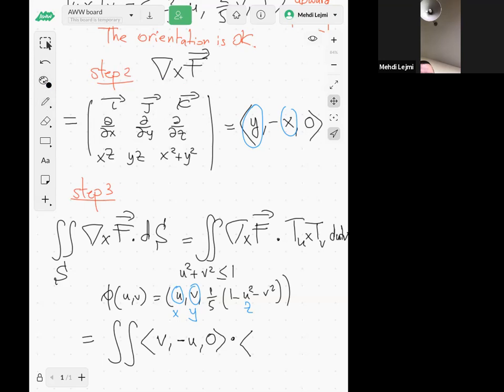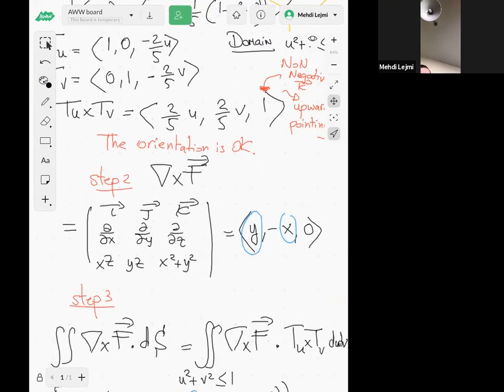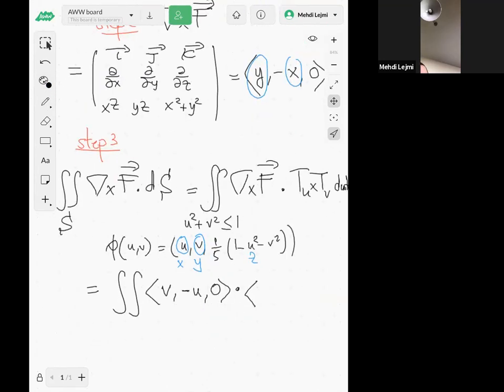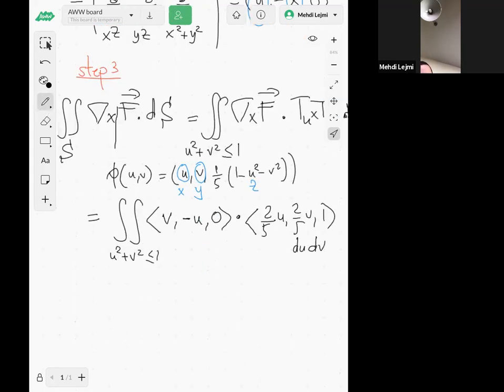Scalar product with the T_u cross T_v. What's my normal vector? My normal vector is 2/5 u, 2/5 v, 1, du dv, and don't forget, u squared plus v squared less or equal to 1. So that will be equal to, if I'm not mistaken, this is a v, so it's going to be just 0.